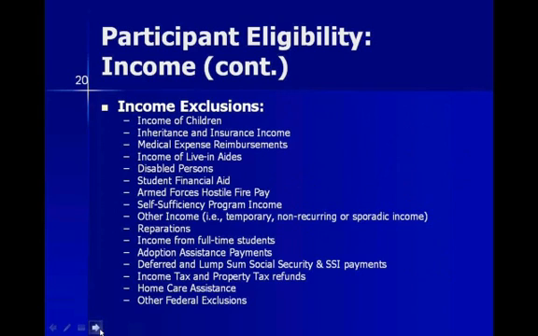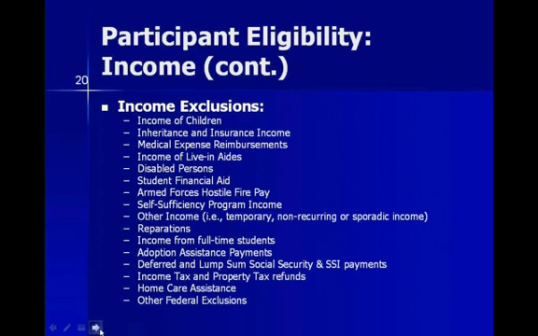But some of the things that you need to exclude when you're calculating income for eligibility purposes for HPRP are things like income of children, income of disabled persons, student financial aid, and other income, anything that's temporary, that's sporadic, that's not recurring, that's really not a dependable source of income. So again, we encourage you to look at the document that's on the HRE when determining your income and looking at inclusions and exclusions.